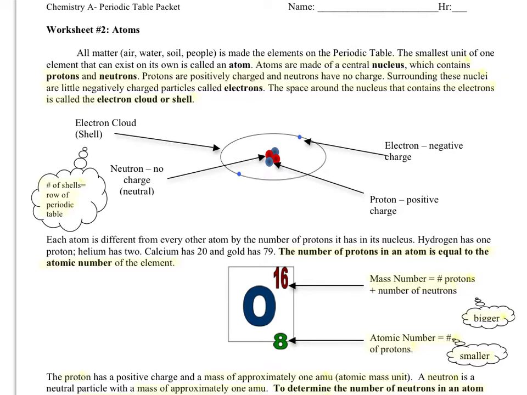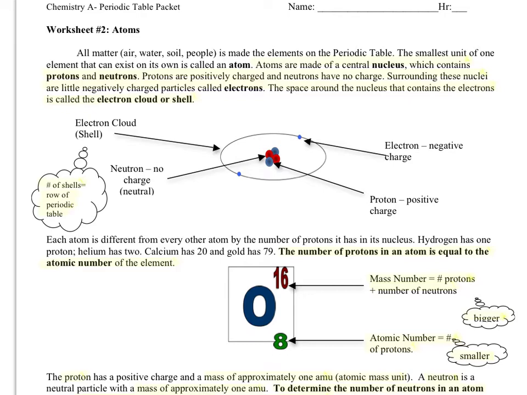Alright, so an atom is the smallest unit of one element, the stuff that makes up our world, that can exist on its own. So atoms have in their center a nucleus where most of the mass or the weight of the atom is.